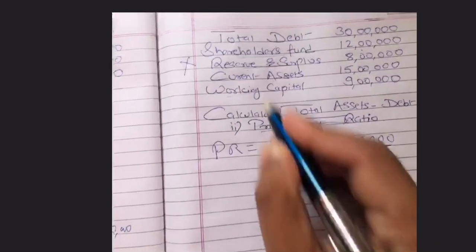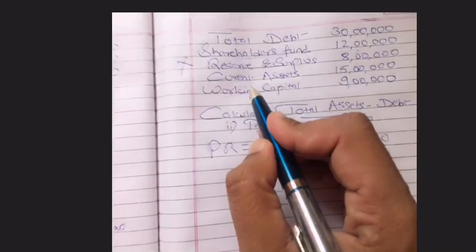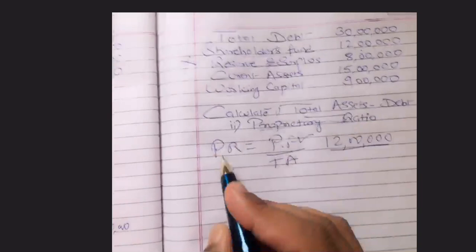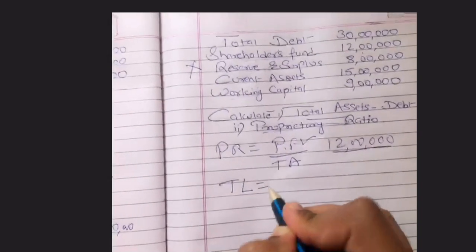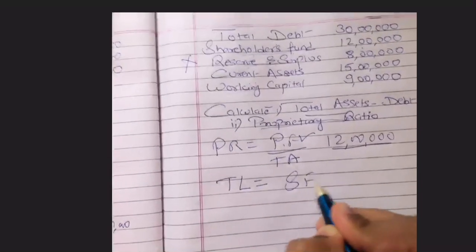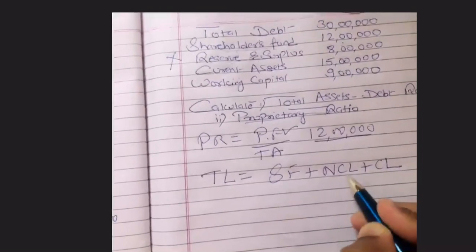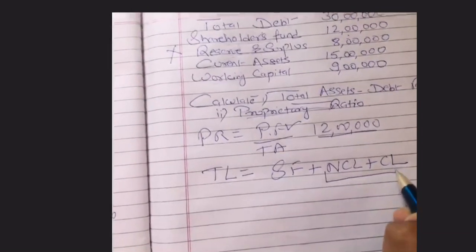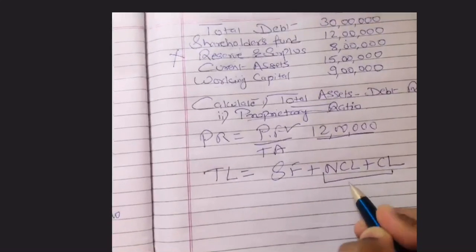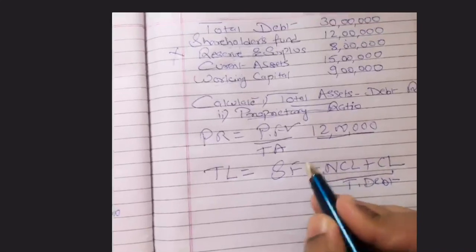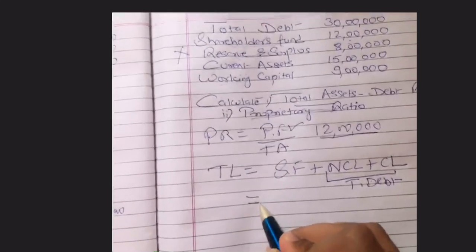But again, no item of assets is given except current assets, which is not sufficient. So we'll calculate through liabilities. Total liability is equal to, again, shareholders fund plus non-current liability plus current liability. As we all know, non-current liability plus current liability is equal to total debt. That means total debt plus shareholders fund will give you total liability.